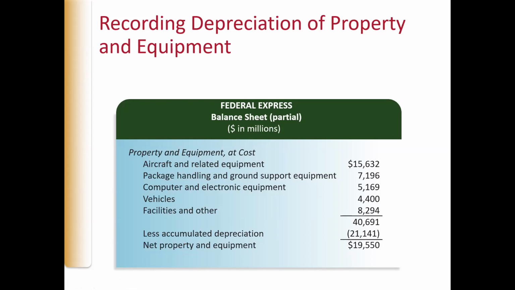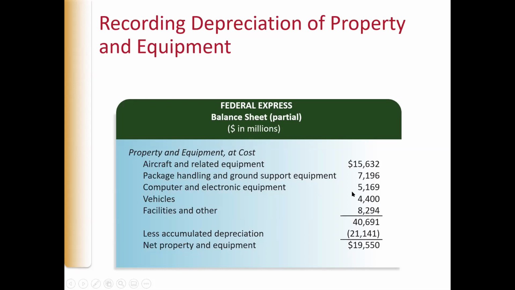The depreciation we've taken on these assets gets lumped into an account called accumulated depreciation. We call this a contra account because we want to keep the asset intact. We want to know exactly what we purchased these assets for. And this allows us to see what we have shown in depreciation against these assets.